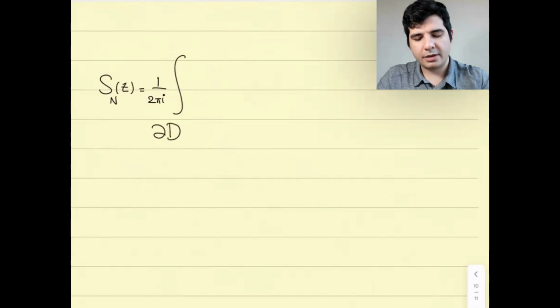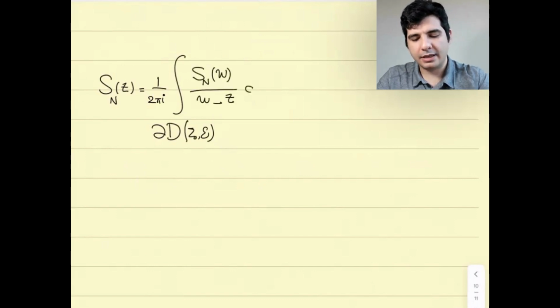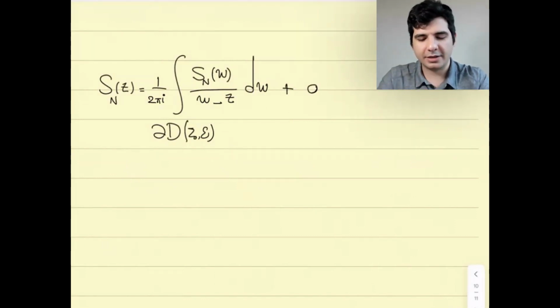Cauchy's integral formula tells us that S_n of z is equal to 1 over 2 pi i, the integral on the boundary of this disk centered at z naught with radius epsilon, of S_n at another point w, over w minus z, and then taking the integral over w. The next term would disappear because S_n is holomorphic, right? So we have just this simpler version, right?